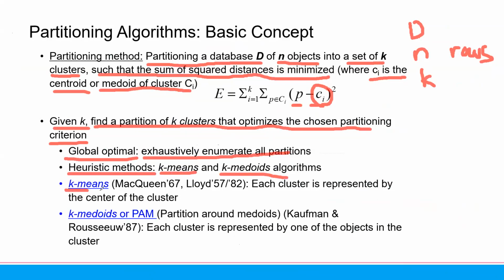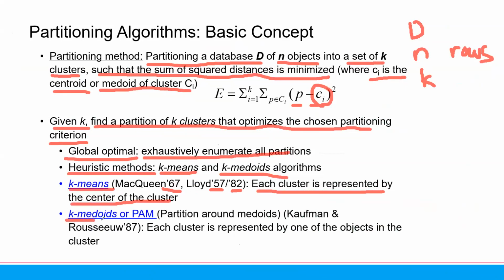K-means was proposed in 67, but some people say it was written in 57. Some developed it in 82 with a clearer understanding. Each cluster is represented by the center of the cluster, the mean.